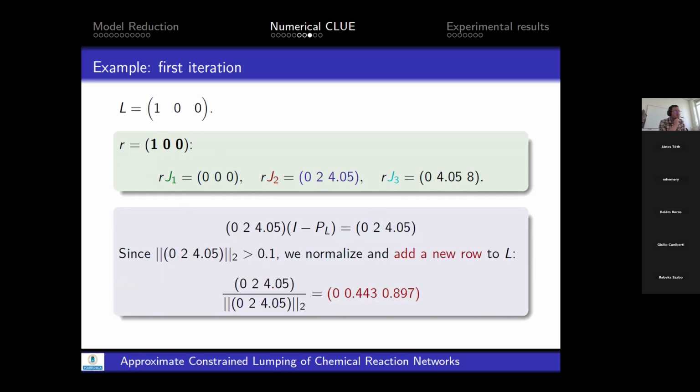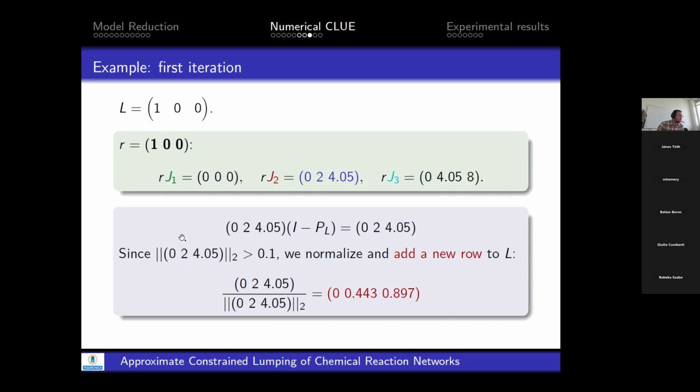Now we take this one. This is not in our space because, of course, we cannot generate this vector with 1, 0, 0. So we compute the orthogonal projection and the difference with the original vector, and we get the same because in this case, with this space, the orthogonal projection is just removing the first coordinate, and it was already 0, so nothing to do here. And we check.